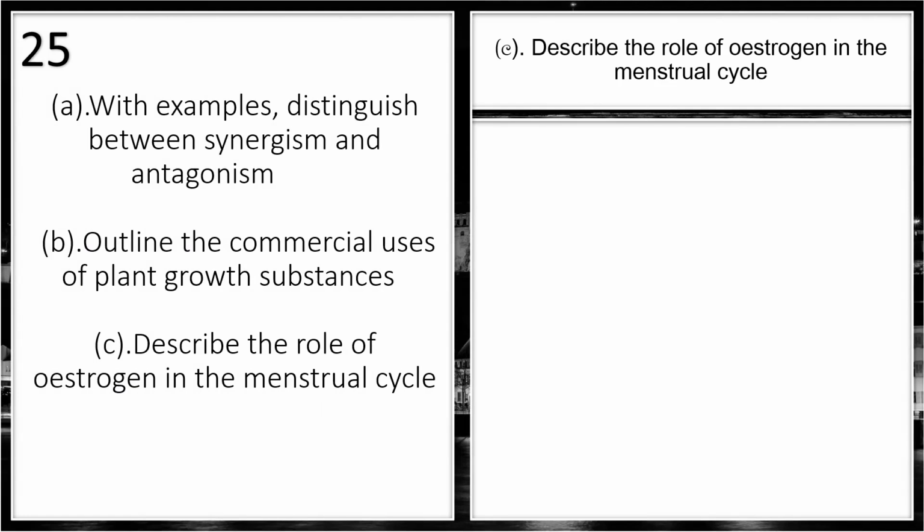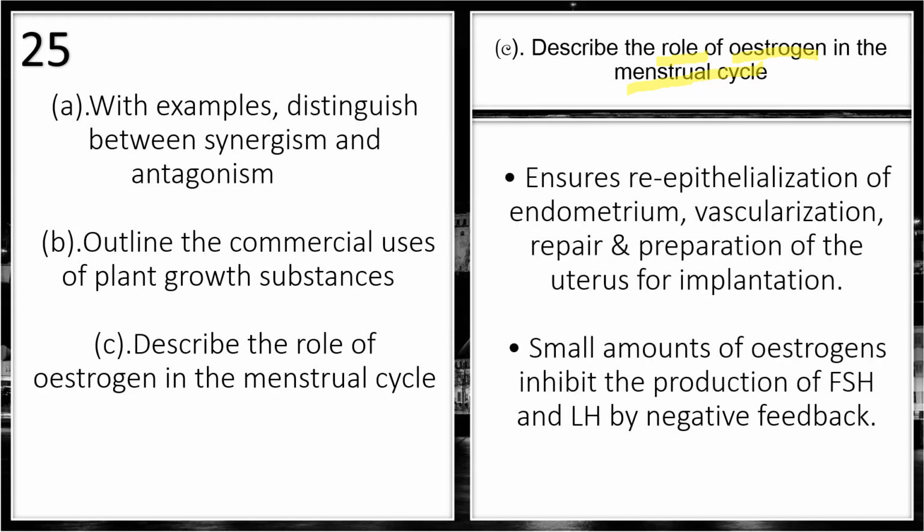Part C. Describe the role of estrogen in the menstrual cycle. It ensures reepithelialization of the endometrium, vascularization, repair, and preparation of the uterus for implantation.